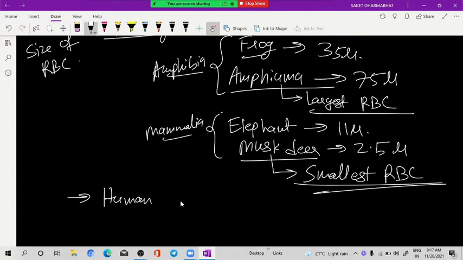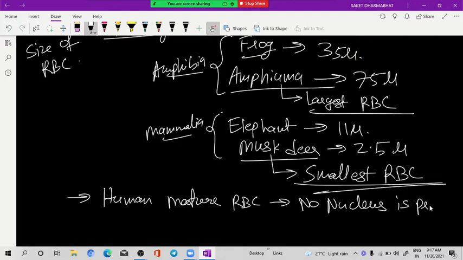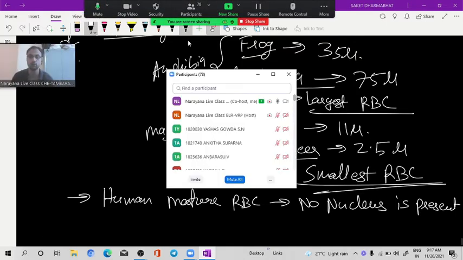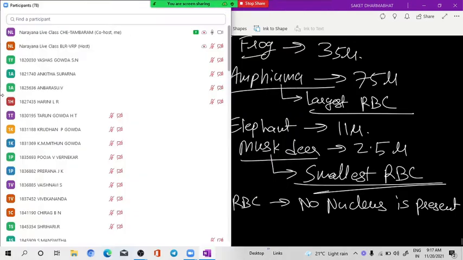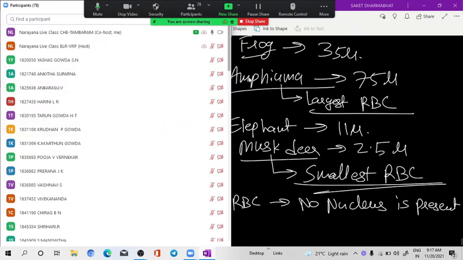Human mature RBC is non-nucleated, means no nucleus is present. That's why they are called corpuscles. All the cell organelles we have already taken out. So what is remaining here? Corpuscles. Clear or not?